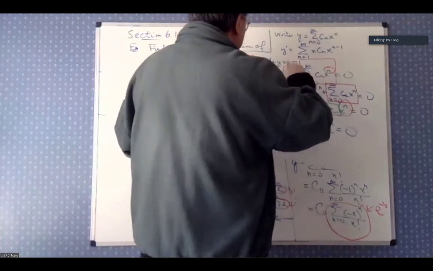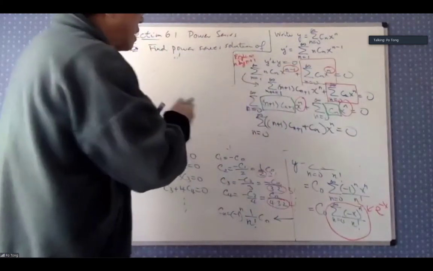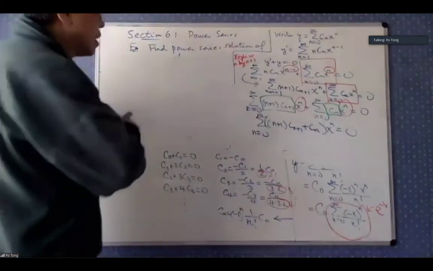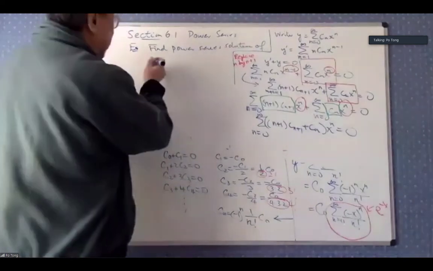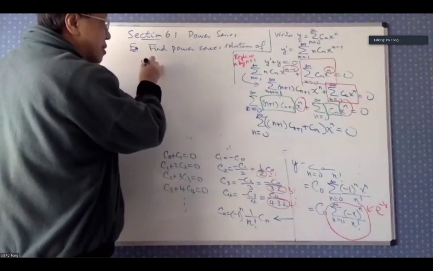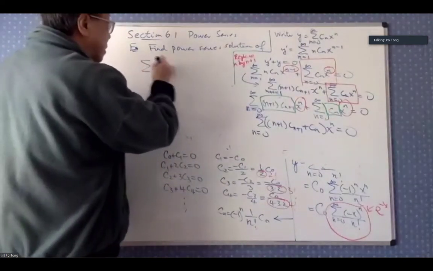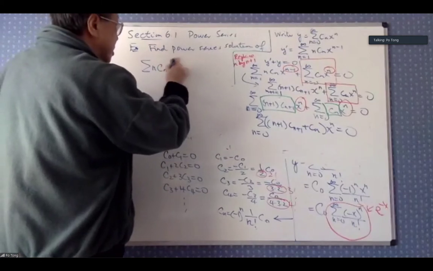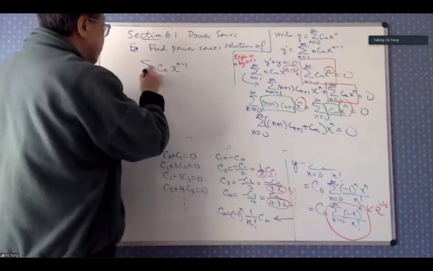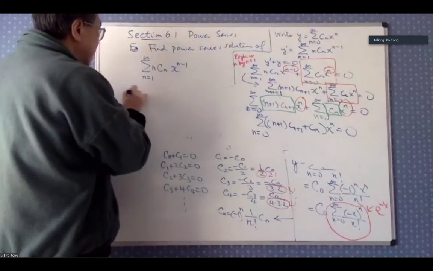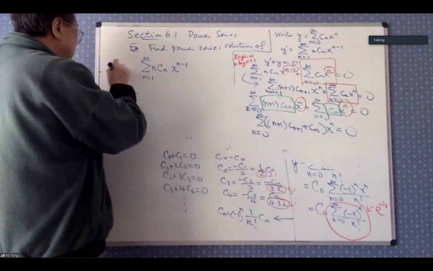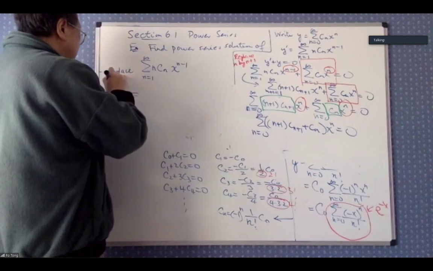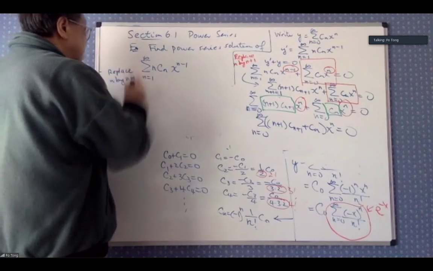So let me just rewrite that part, what I did here. I will give you some more examples later on doing this step, because a lot of students get confused about this step. So this is what I did. I'm saying that here I replace n by n plus 1.